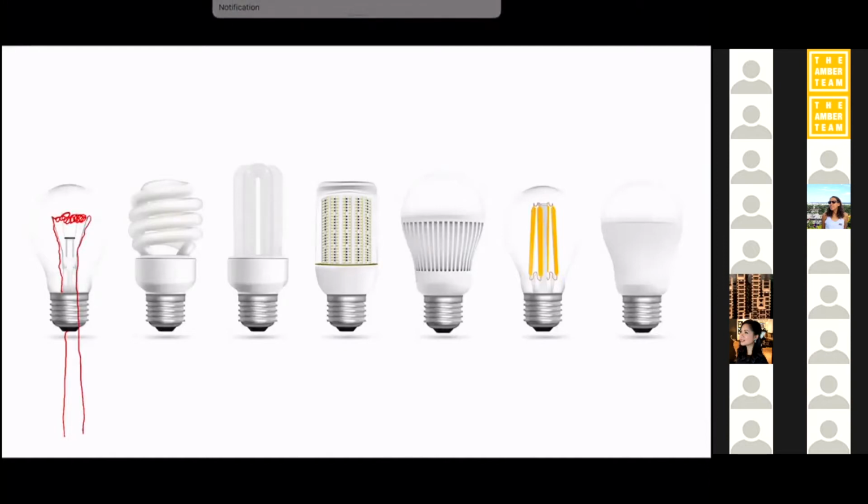When that happens, there's some resistance here, and then it heats up, and when it heats up, it produces light. Now it also produces a lot of heat, a lot more heat than light. About 93% of the power goes to heat, and only 7% goes to light.